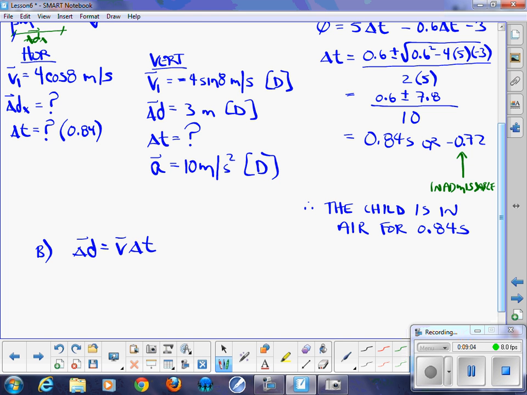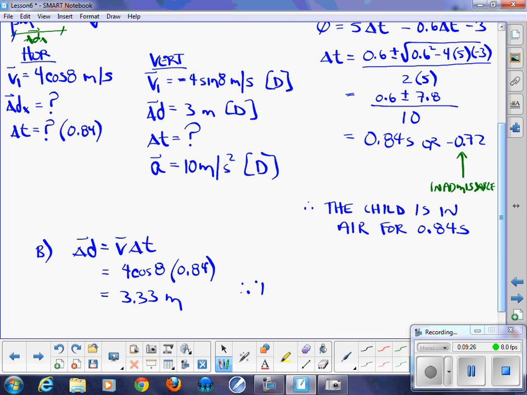So we know we are traveling at 4 cos 8. The time is 0.84. So our delta D is 4 times cos 8 times 0.84. We find that we have 3.33 meters to be safe.